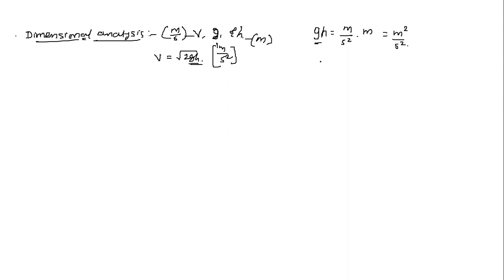Similarly, the unit of velocity is meter per second. For getting the unit meter per second, we need to take the root of gh. If we take the root of gh, we also take the root of the unit, that is meter square per second square, so we get meter per second.